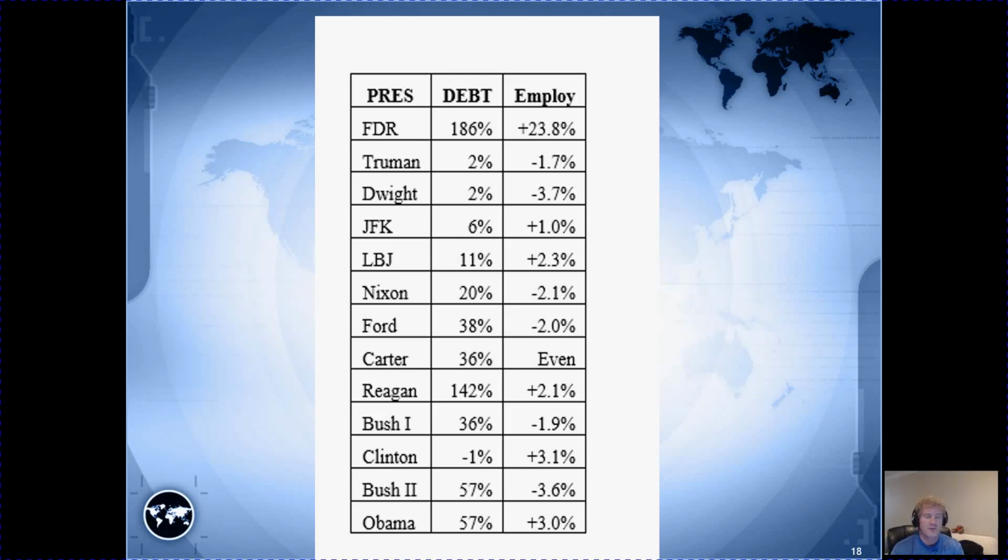And what I find from this little chart here is that some Democrats increased employment. Some did not. Some Republicans increased employment, like Ronald Reagan. Some did not, like Richard Nixon.